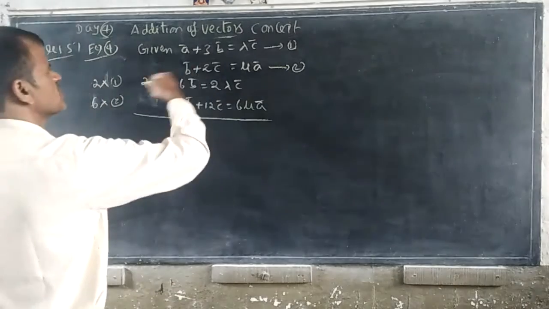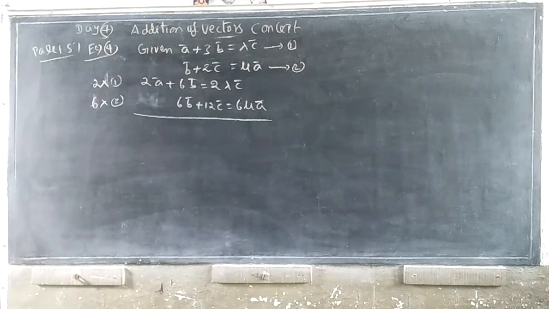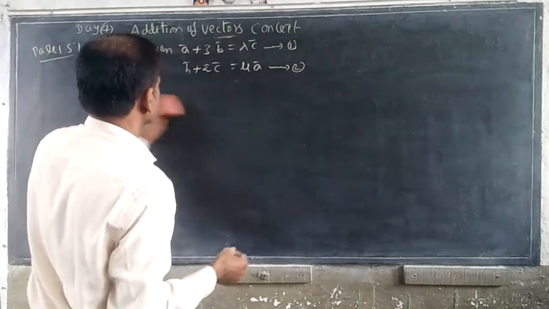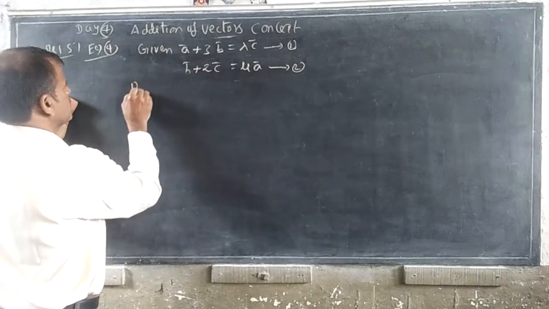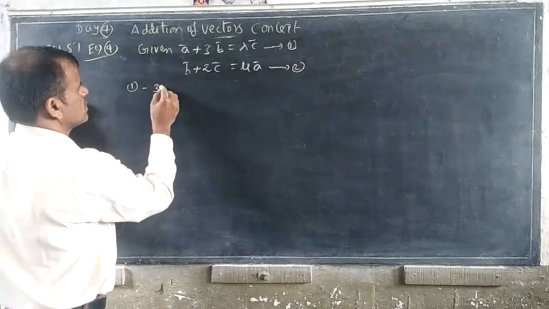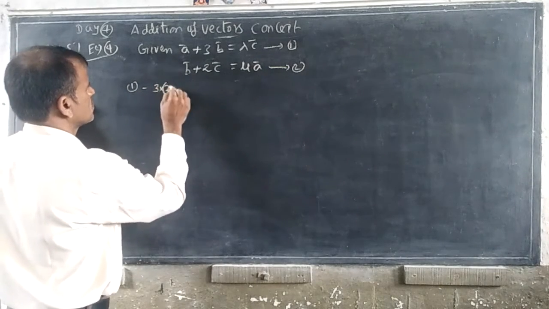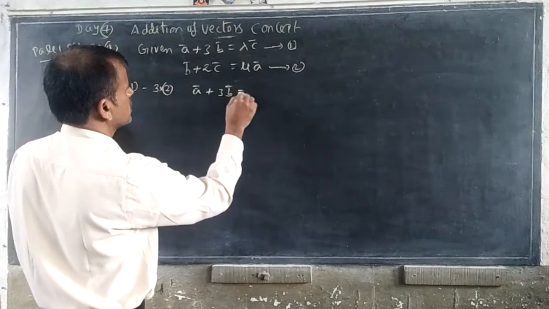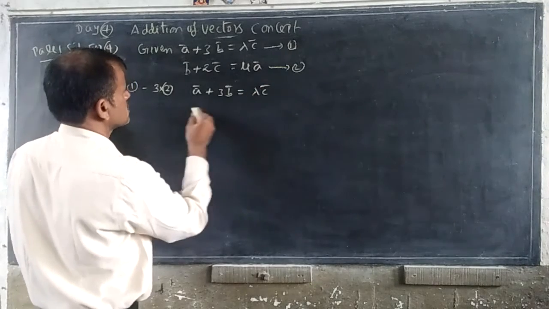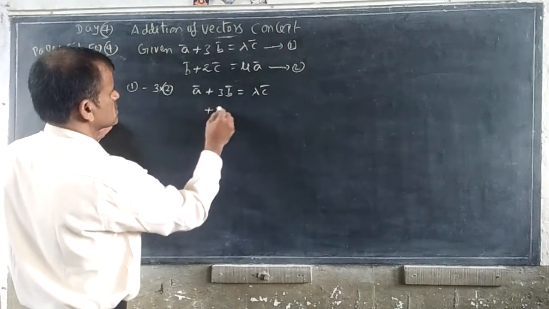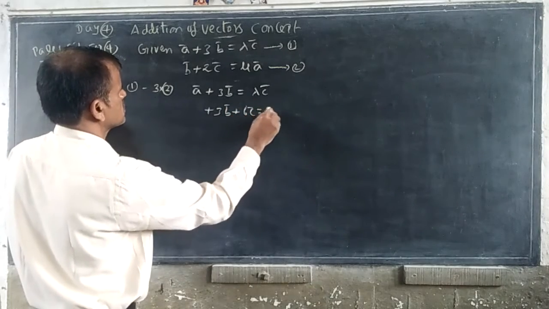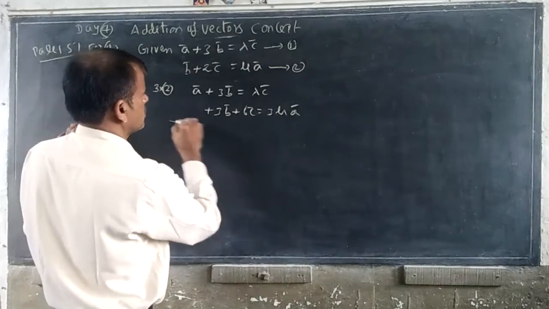No need, students. With 3 only, directly you can get it cancelled. No need to multiply with 2 once again. Simply, with 3 we can write 1 minus 3 into the second equation. So A bar plus 3B bar is equal to lambda C bar, and 3B bar plus 6C bar is equal to 3 mu A bar.